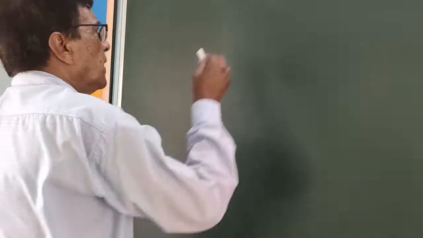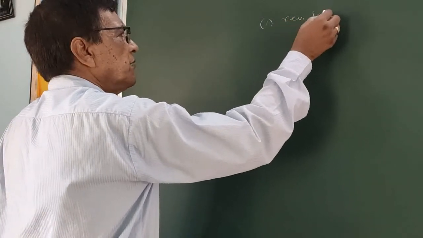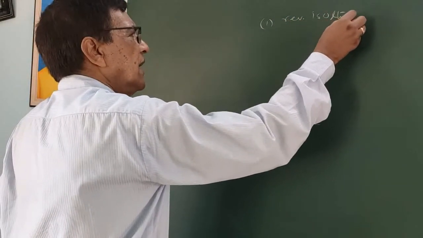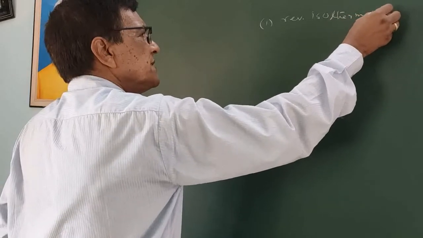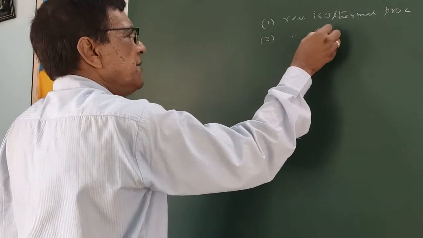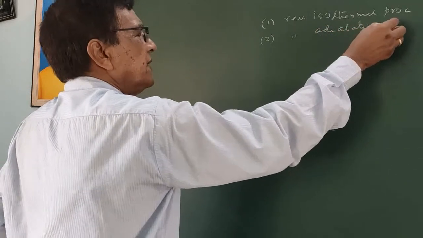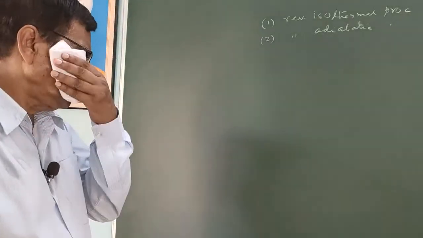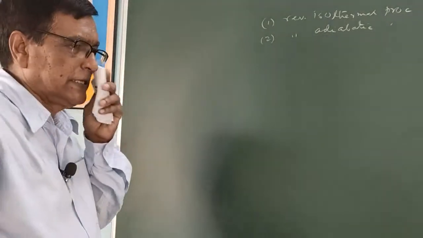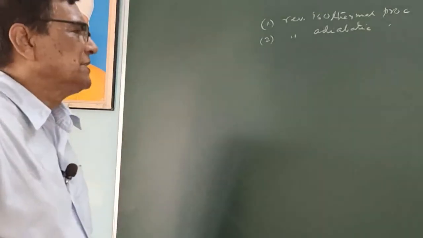one is a reversible isothermal process, and the second one is the reversible adiabatic process. And I would like to compare in which process the work done will be maximum.